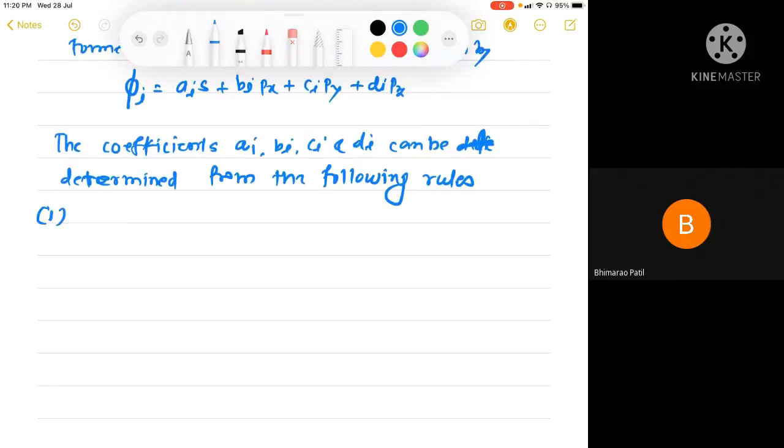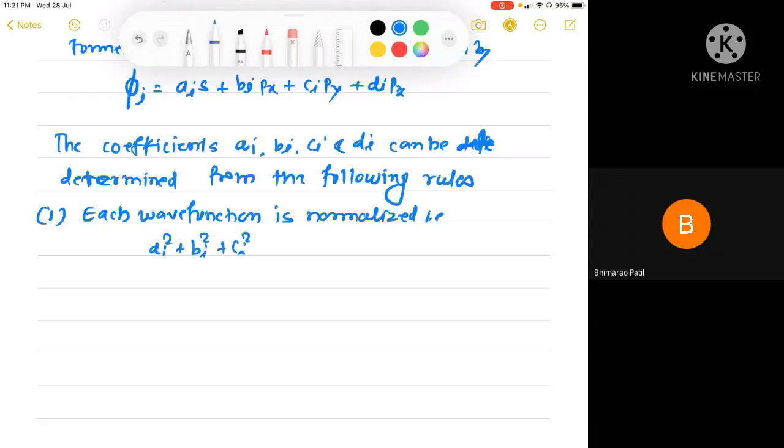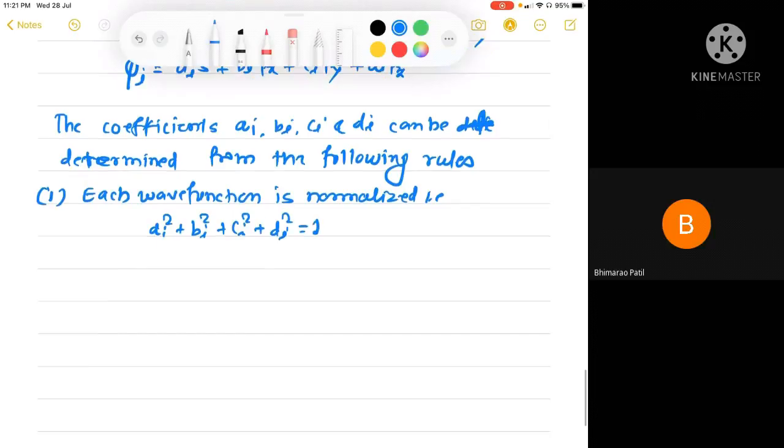Rule number one: each wave function is normalized. That is, ai square plus bi square plus ci square plus di square is equal to 1.